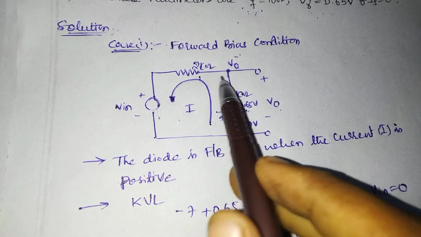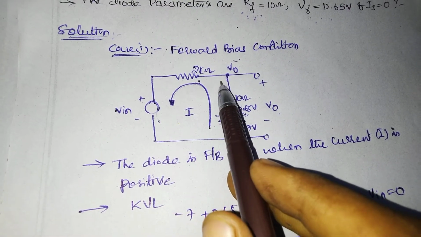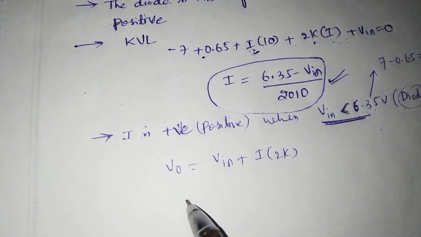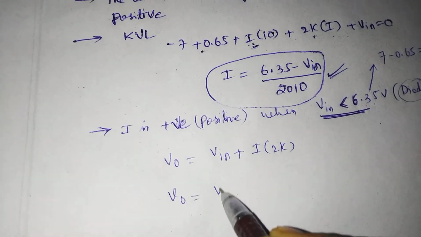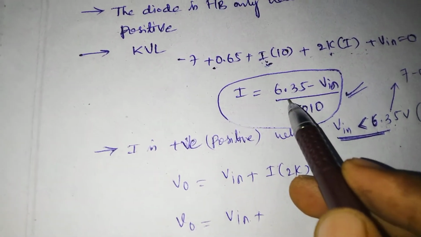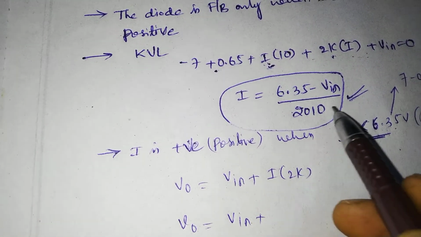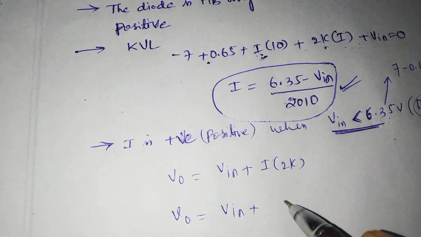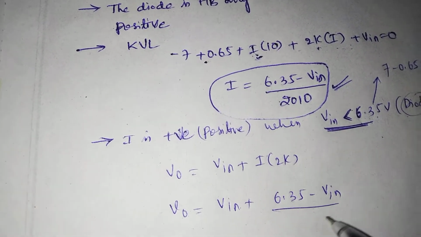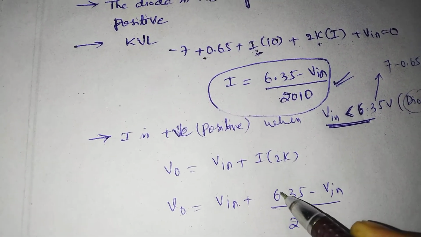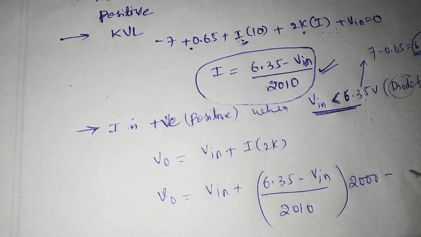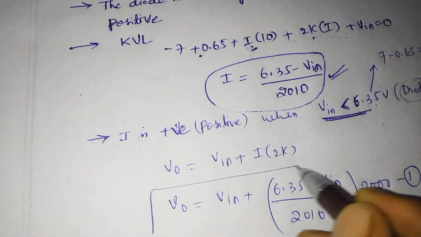I will simply follow KVL over there. V output equals V in plus I into 2K, where we already know I is (6.35 minus V input) divided by 2010. Substitute here: (6.35 minus V in) over 2010, into 2K meaning 2000. This is equation 1. Take it as equation 1.